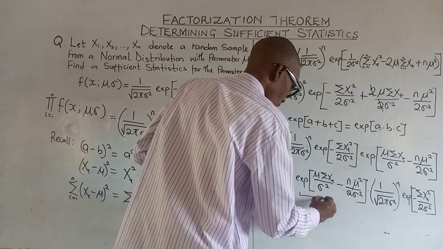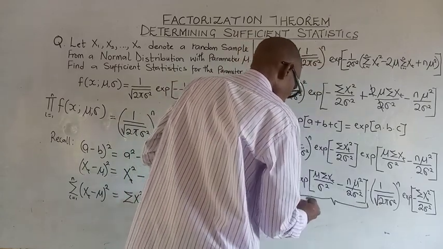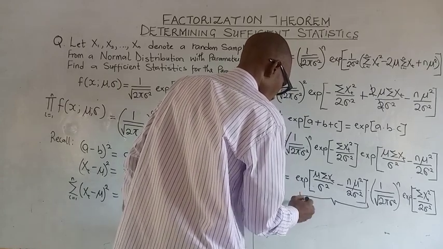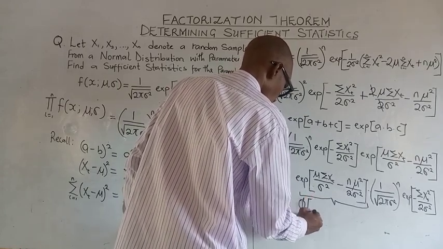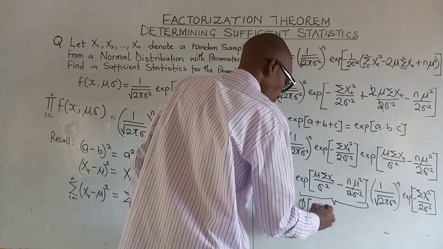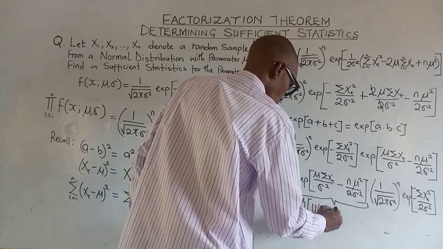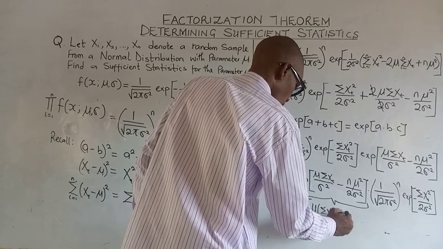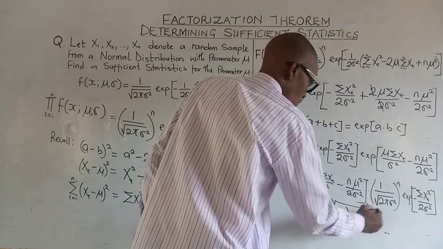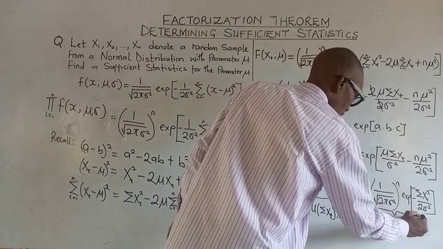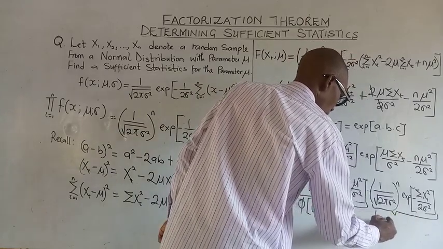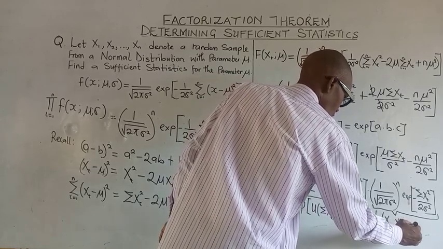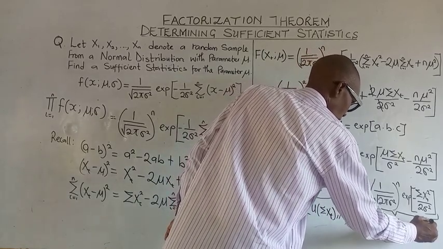It means the whole of this is our phi of mu and summation of x_i, the component with mu, while the whole of this is our h of x1, x2 to xn.